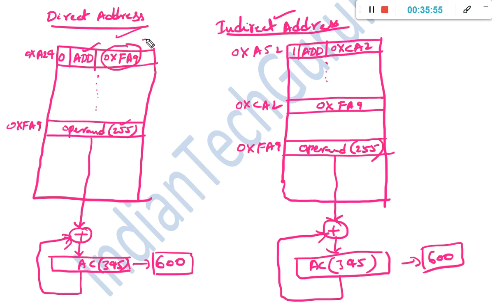The data itself will be stored in the address location, and this, sorry, it is 255, and this 255 will be directly stored in place of the address, and this 255 will be directly added to the accumulator register, and the result will be stored in the accumulator register in case of the immediate mode.